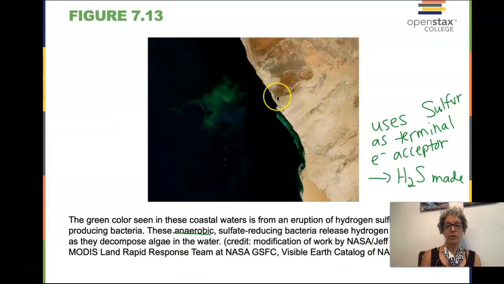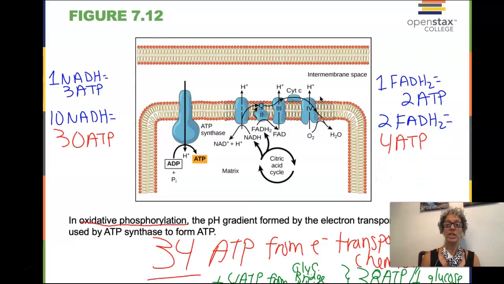In the next part that we will do after the exam, we're going to talk about anaerobic metabolism. Cellular respiration is aerobic respiration because oxygen, air, is the terminal or final electron acceptor. This is how we do metabolism. It's how anything that does aerobic cellular respiration does metabolism.